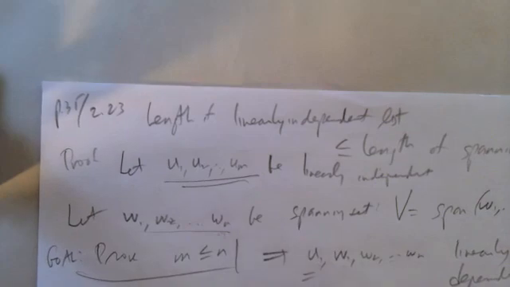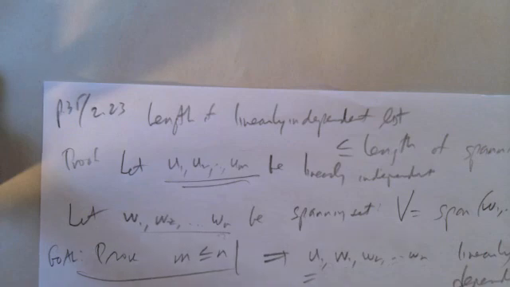Now, if I take the vector u2 and add it to this list, u2, u1, w1, I've thrown out wj, up to wn, this is dependent because u2 is a linear combination of these, and it can't just depend on u1 because u2 and u1 are linearly independent.